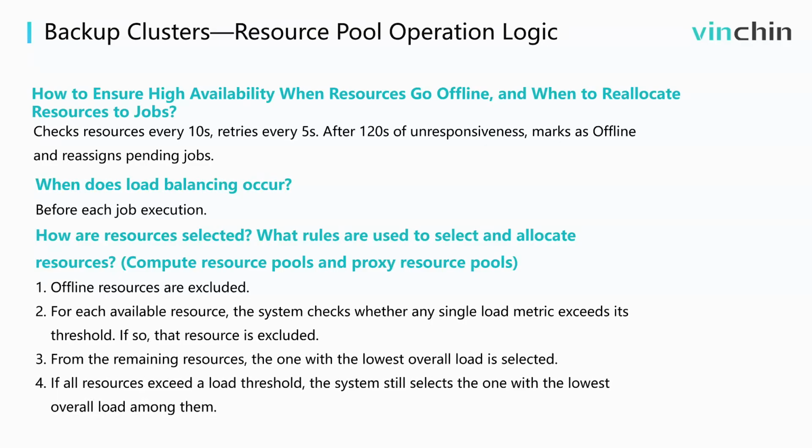If so, that resource is excluded. Third, from the remaining resources, the one with the lowest overall load is selected. Fourth, if all resources exceeded a load threshold, the system will select the one with the lowest overall load among them.